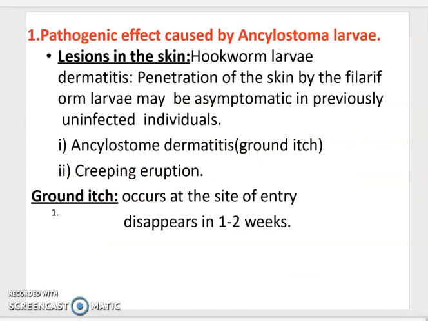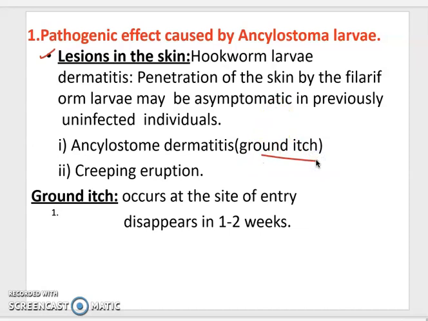That is a lesion of the skin. That is the first pathogenic effect caused by this larval form. Hookworm larval dermatitis takes place, mainly itching. The penetration of the skin by this filariform larva may be asymptomatic in a previously uninfected individual. So if the worm enters the body for the first time, it may not cause any pathogenic effect, but still it can cause a ground itch.